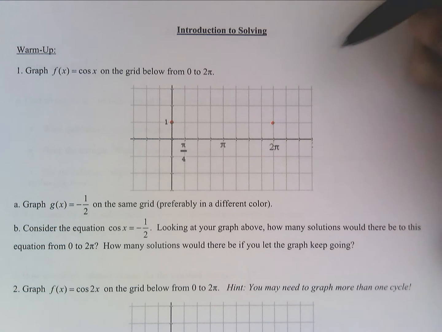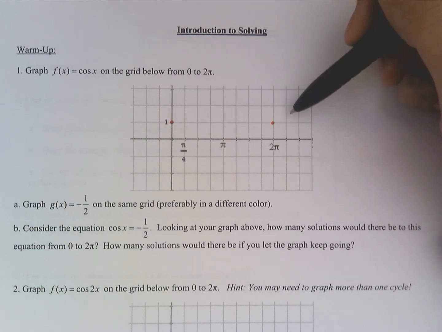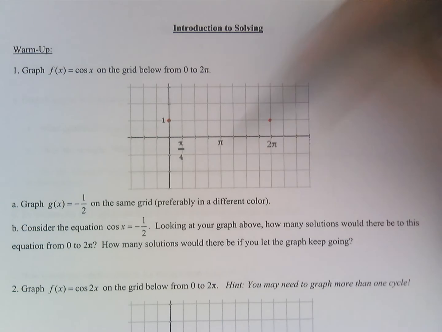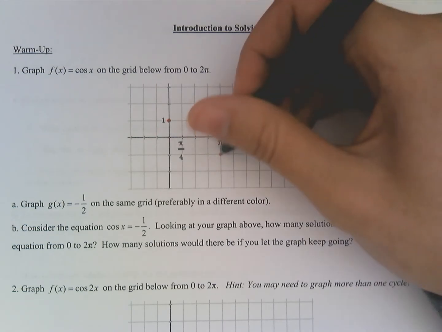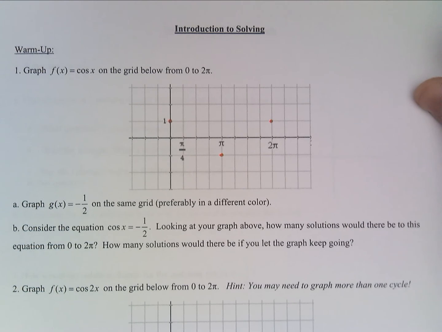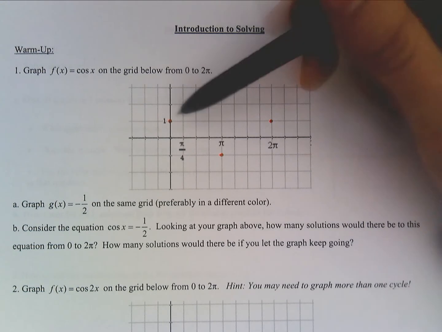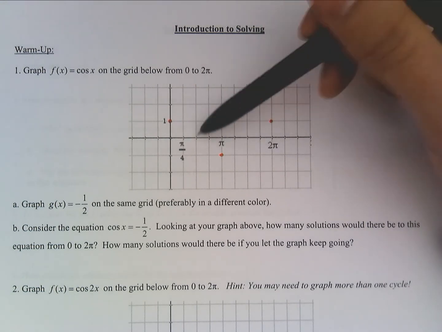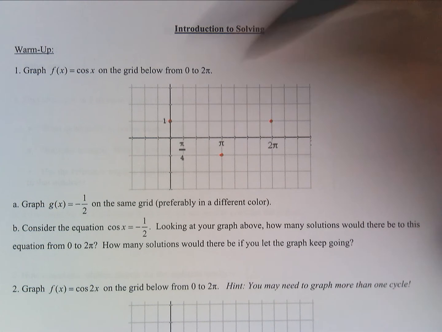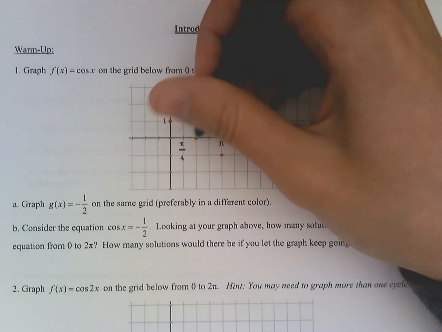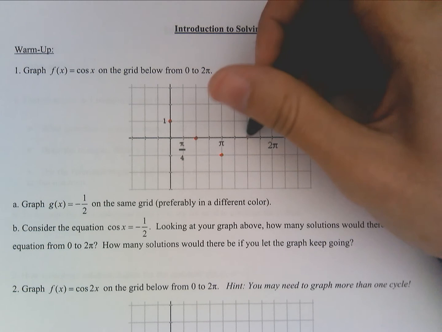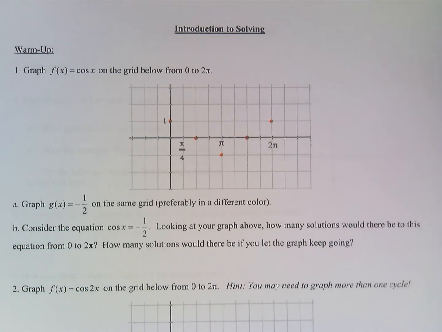So at 0 and 2 pi, we have maxes of 1. Halfway through the first cycle, we reach our minimum, which is -1 at pi units. Halfway in between our start and our halfway point, or a quarter of the way through the first cycle, we hit our midline, and likewise 3/4 of the way through our first cycle.